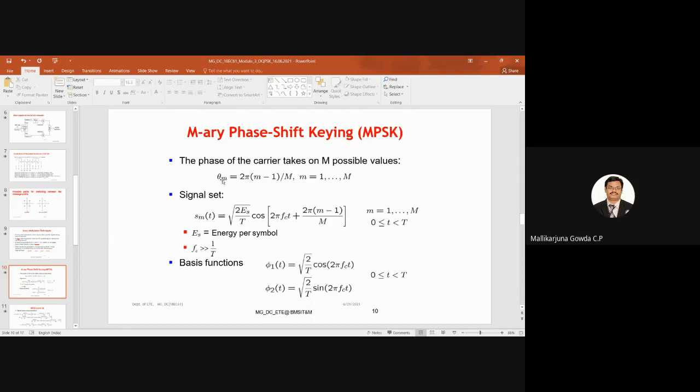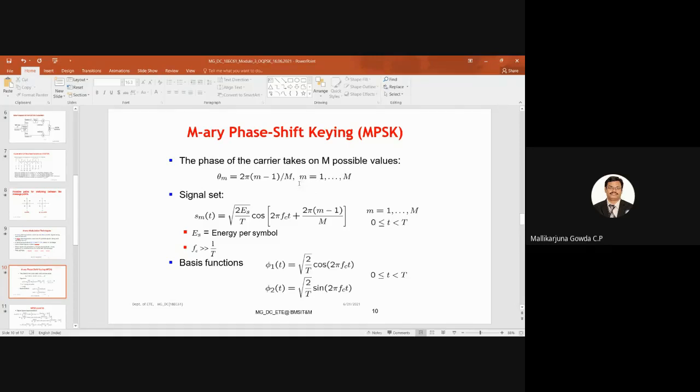It is denoted as theta suffix m, which is equal to 2 pi of (m minus 1) divided by capital M, where the value of small m can vary from 1 to capital M. Just think of QPSK only. In QPSK, what is the value of capital M? It is 4, right?